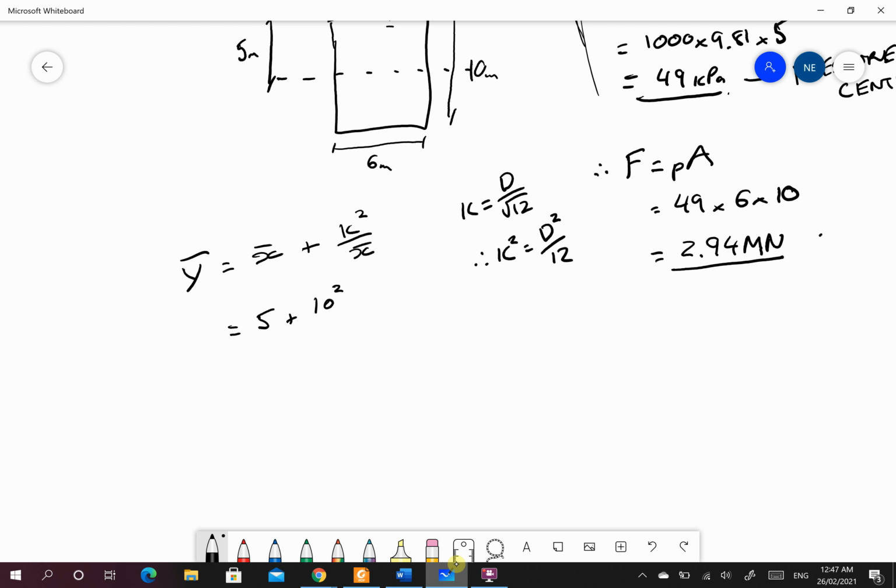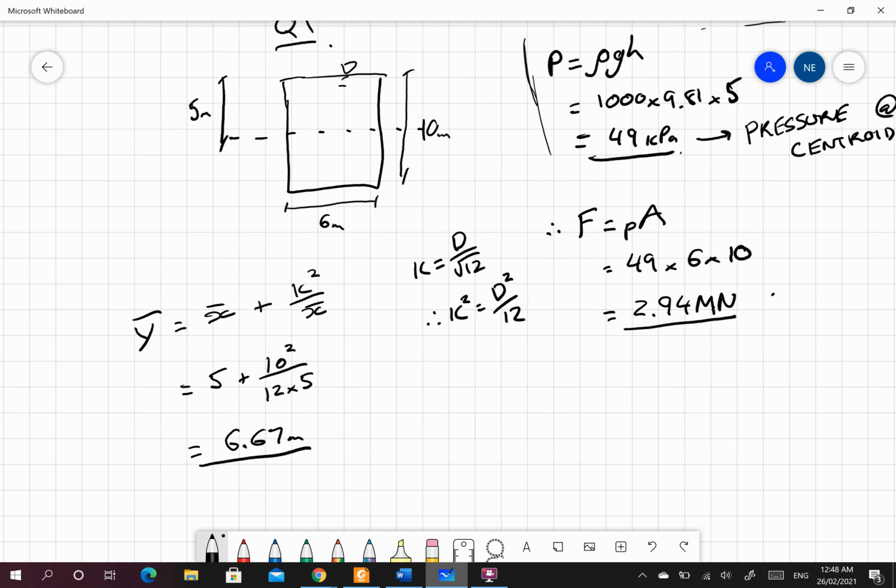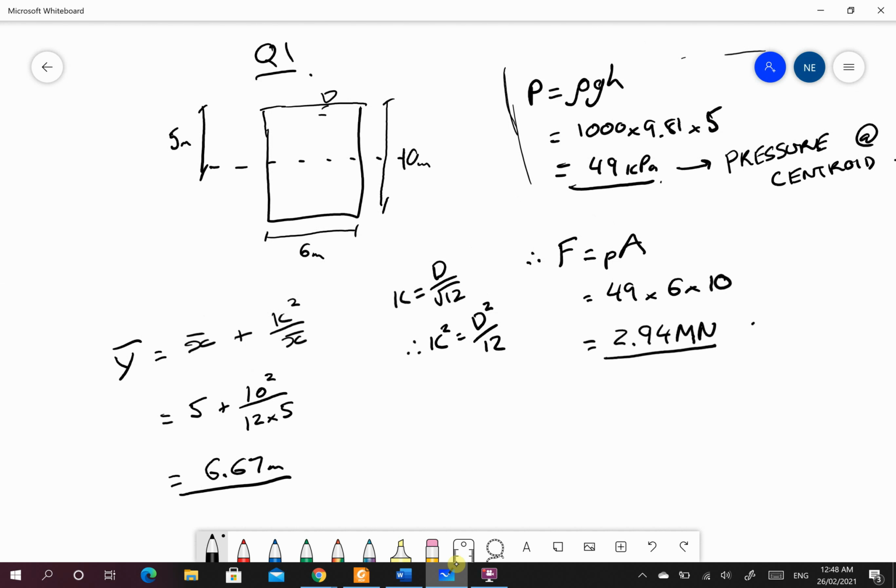So 10 squared all over 12 times 5. What you'll end up with here is 6.67 meters. Alright, so that is where it is acting. So the force is acting here, 6.67.